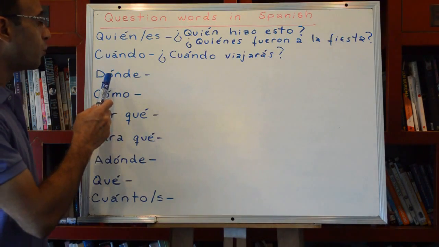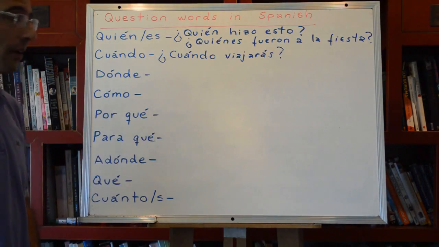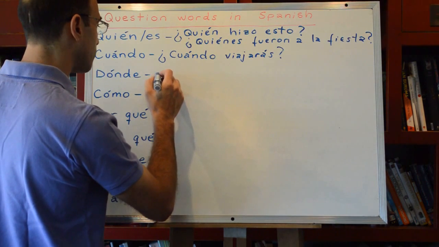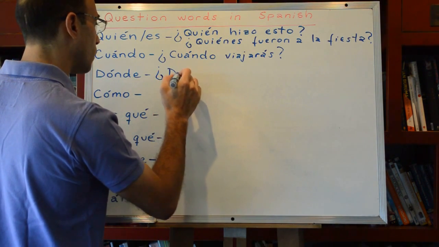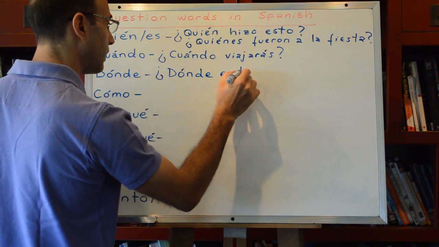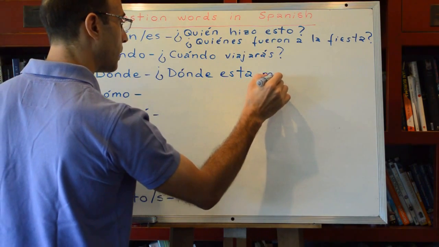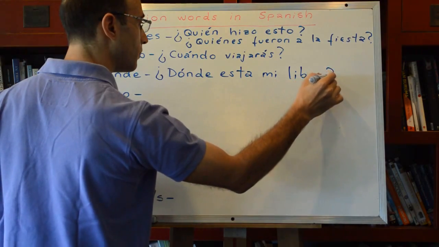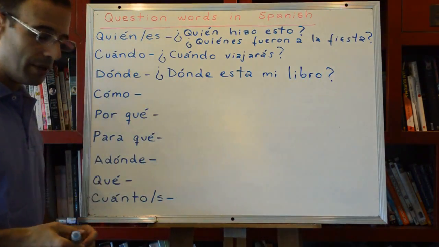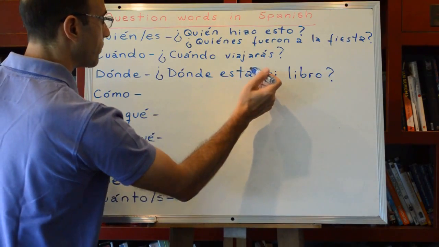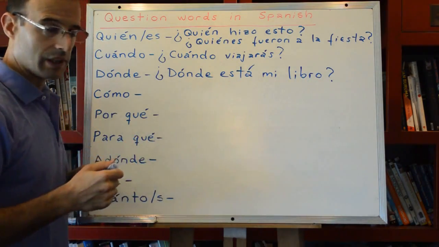Next question word, ¿dónde? Where? Right? For example, ¿Dónde está mi libro? Where is, está, with a tilde.